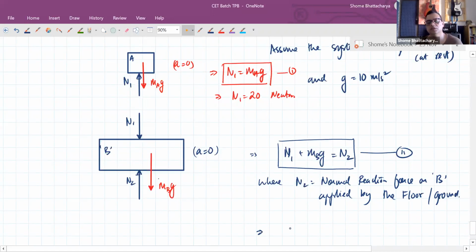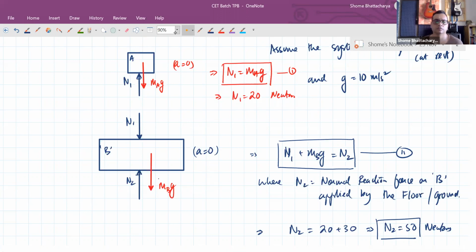This is the second equation. So from this, we'll get N2 as N1, which was 20 newtons, plus mg for B, which is 30 newtons. So N2 will work out to be 50 newtons. So this becomes the full solution of this question.